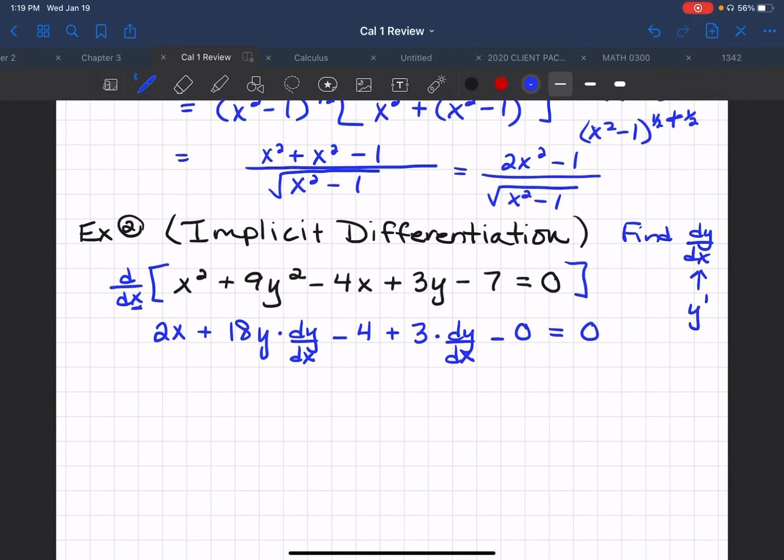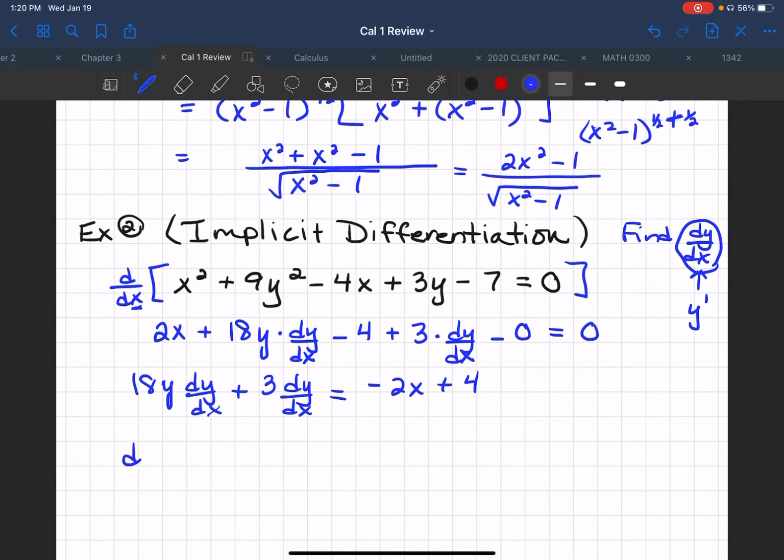So now, since we're trying to find dy/dx, we're going to get every term that has a dy/dx on one side and everything else on the other side. So I've got an 18y dy/dx plus a 3 dy/dx. And then I'm going to move everything else to the other side. So I'll have a negative 2x plus 4 when you move it over.